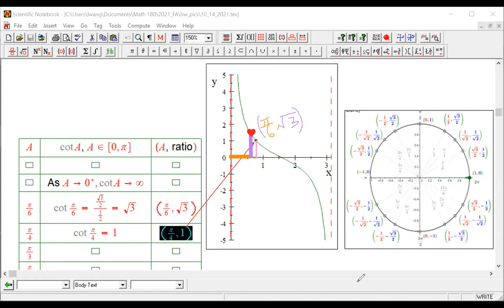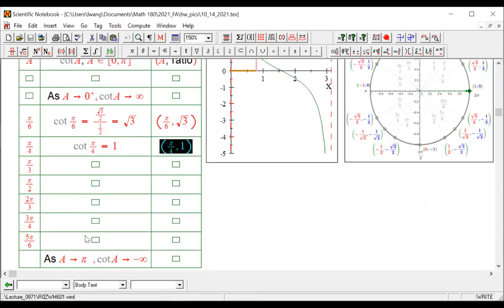No, can you just do 2 pi over 3 and 5 pi over 6, and that would be it for cotangent. Okay. So the next points you want to mark. Two pi over 3, right? This one over here? Yes. So cotangent 2 pi over 3.